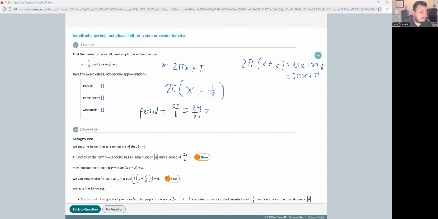So period is actually just 1. Amplitude is a half. Phase shift is going to be, I think it's the C over B. Let me see.